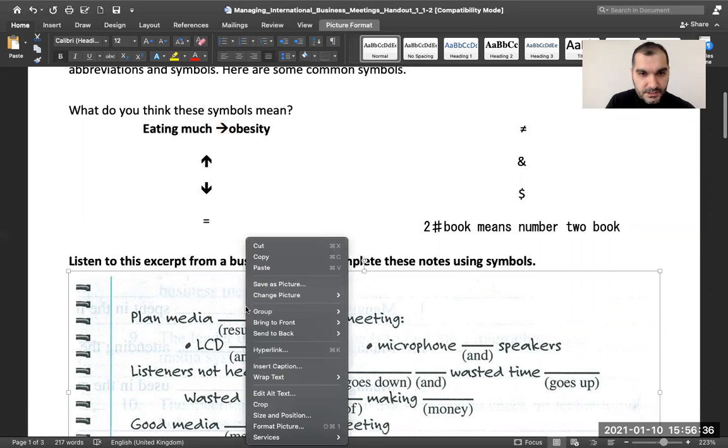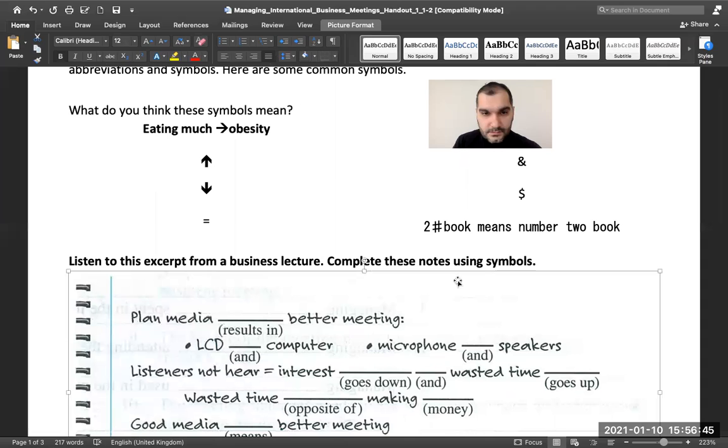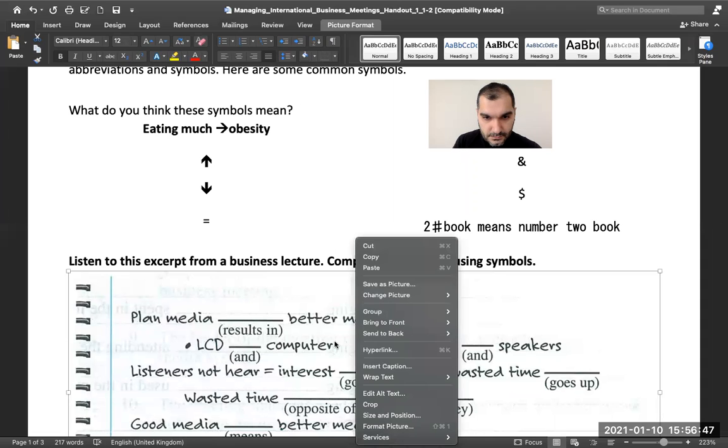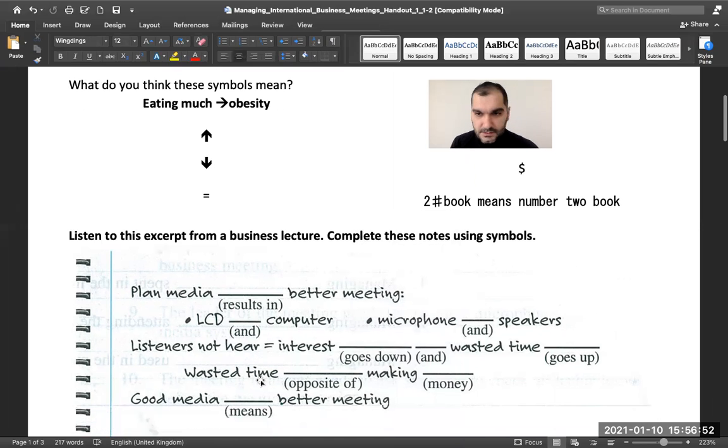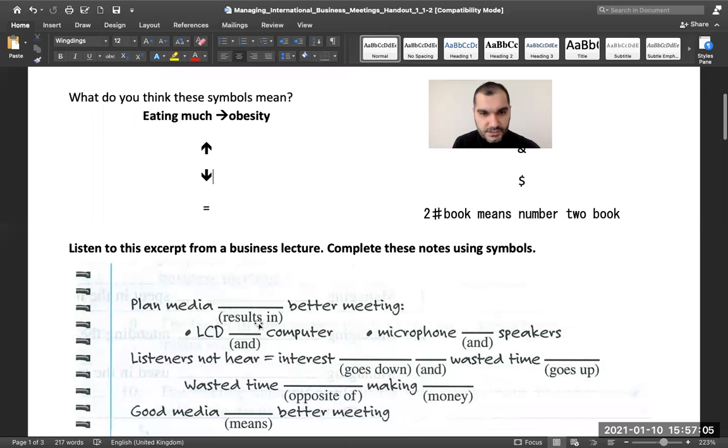This part is set in the format of a picture, so I can't change the text, but you may just add this arrow here because this symbol means results in.